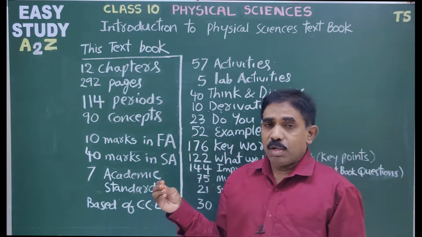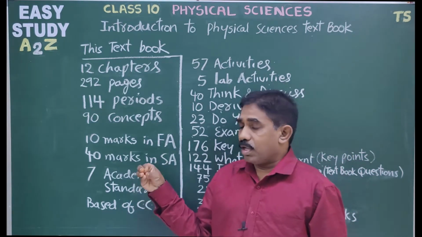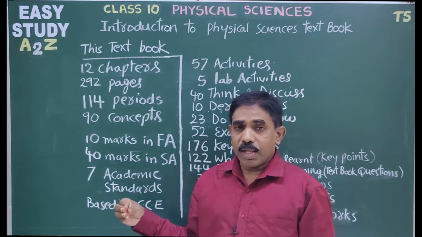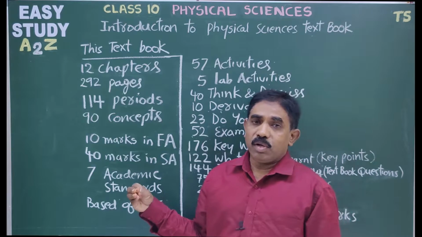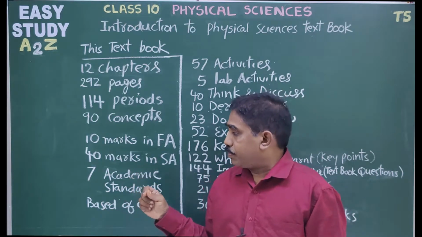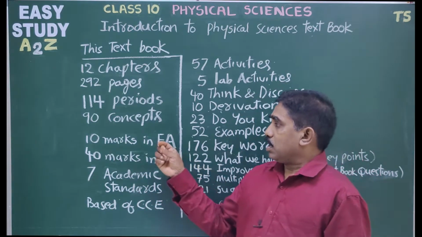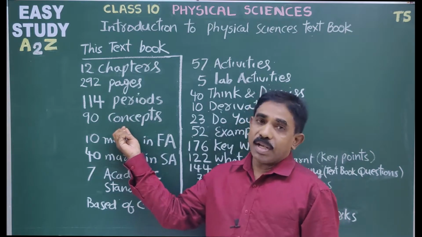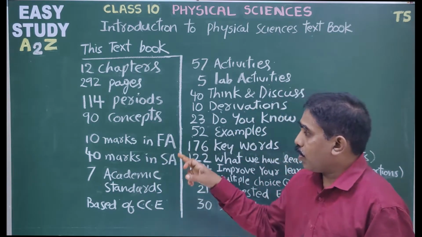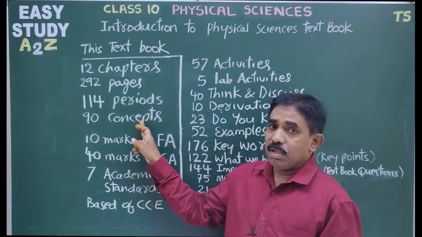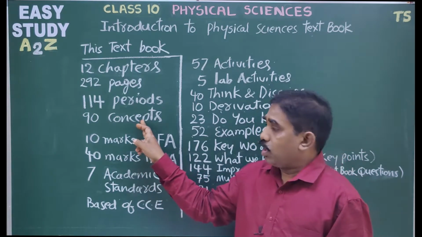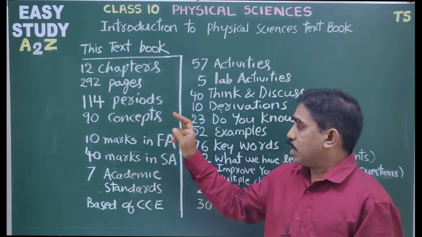Some questions will be posed in the initial stages of the chapter, and from those questions slowly the authors will introduce the new chapter. Likewise, the concepts are explained in the textbook. These concepts are explained based on the CCE methodology, continuous and comprehensive evaluation methodology.